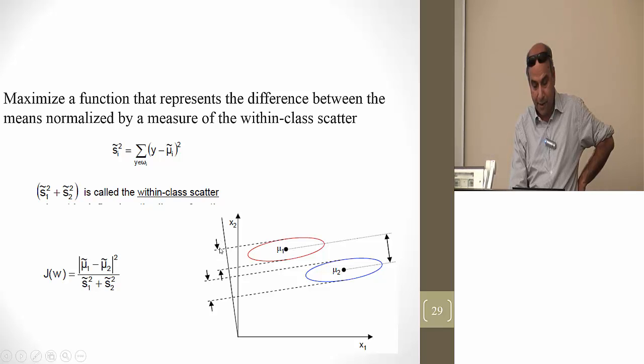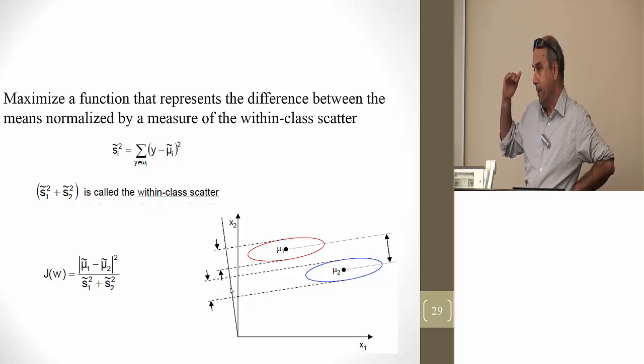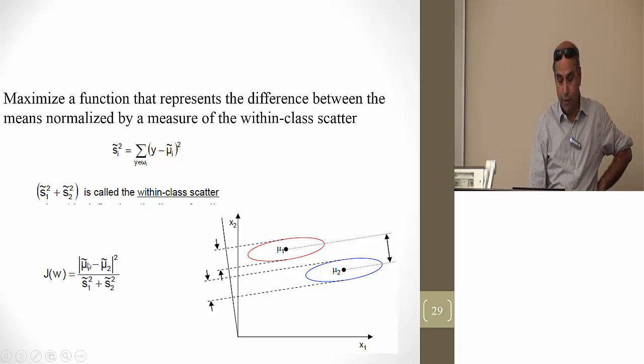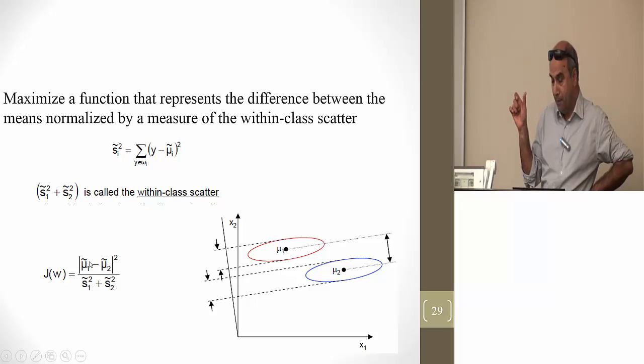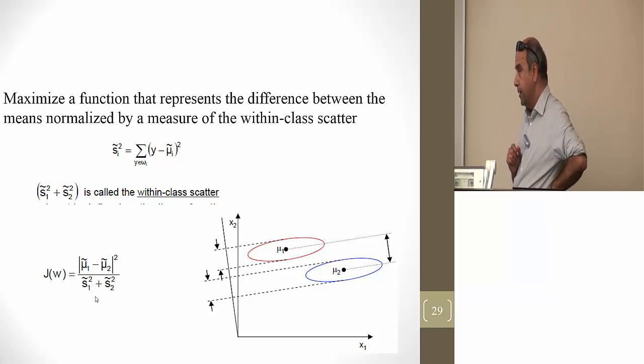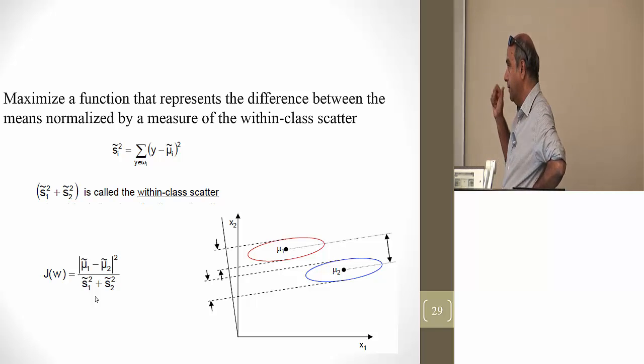This projection is such that the red person is from here to here, blue person from here to here. Now they are well separated. The way we are going to do it is, of course, to maximize the separation of the means, but also minimize their standard deviation, the scatter.